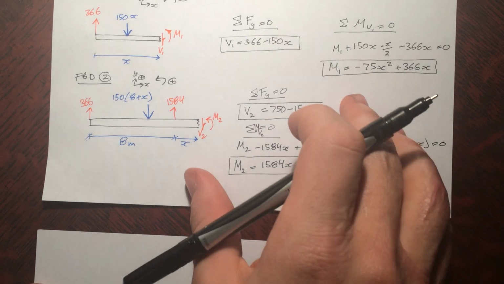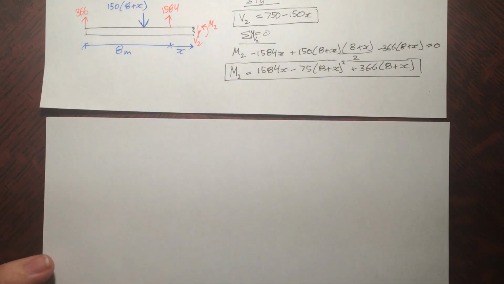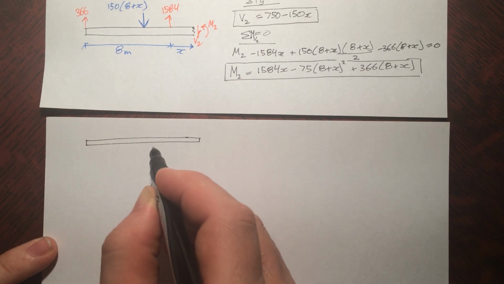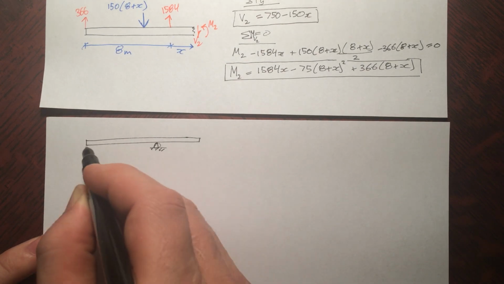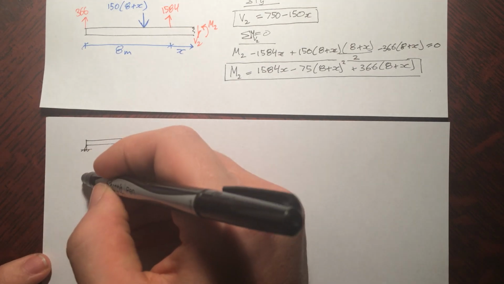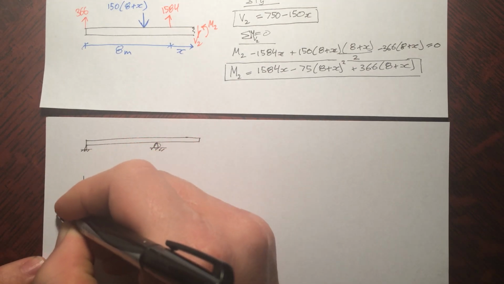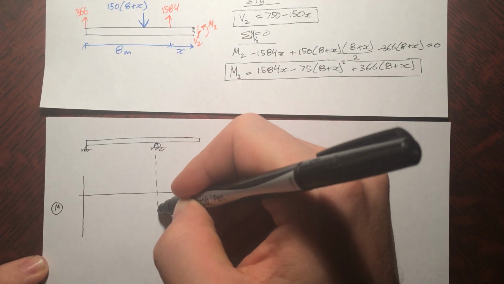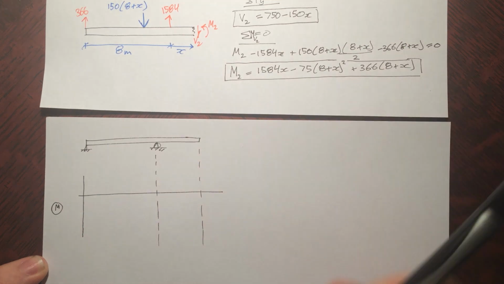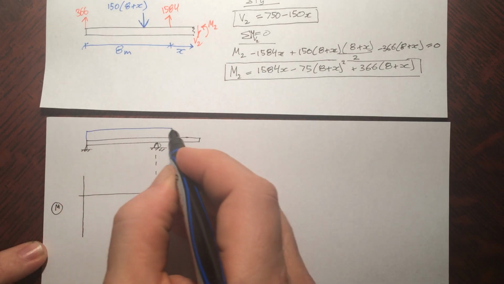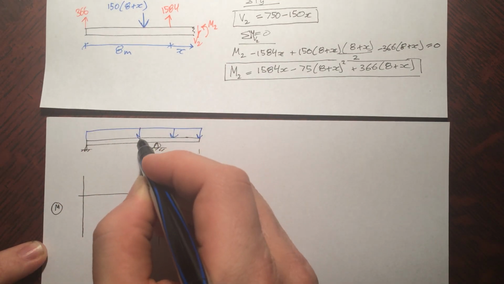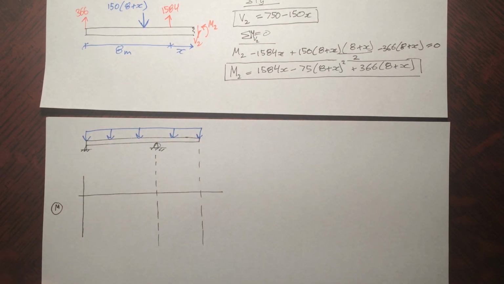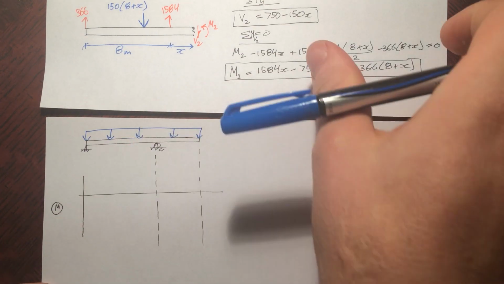So now that we have the bending moment, let's just plot it to find the locations of things. Alright, so that's just a quick redrawing of the whole bending moment situation.